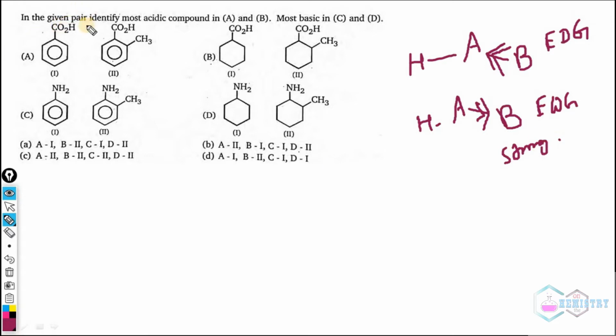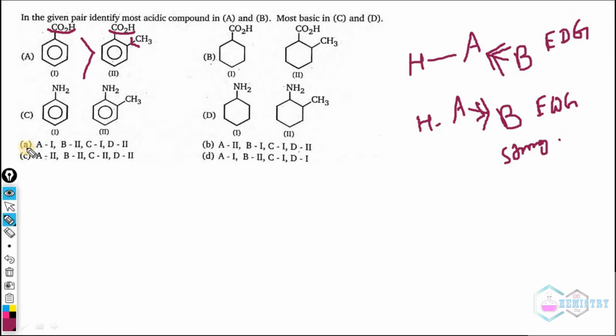So here you can see that this group is the acidic group, and in this case CH3 is giving a plus I effect. So this will be a weaker acid. So the strength of acidity will be like this in case of A. That means 1 will be the most acidic compound in A.